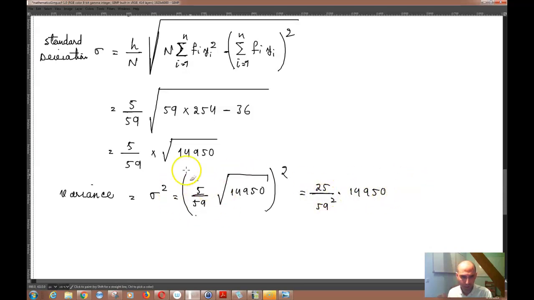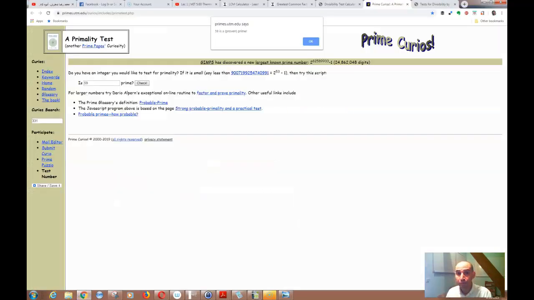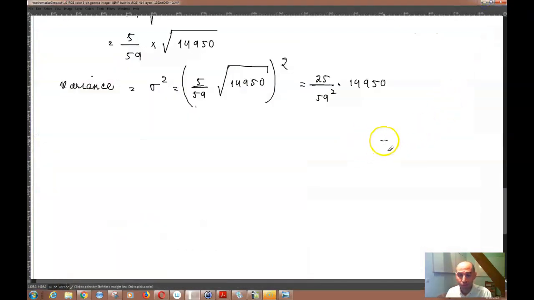Now we can calculate this one and then go back here and calculate that one. So 59 squared is equal to, 59 is a prime number if I'm not mistaken. So you can leave it as it is. Maybe you can somehow simplify it with this thing over here.